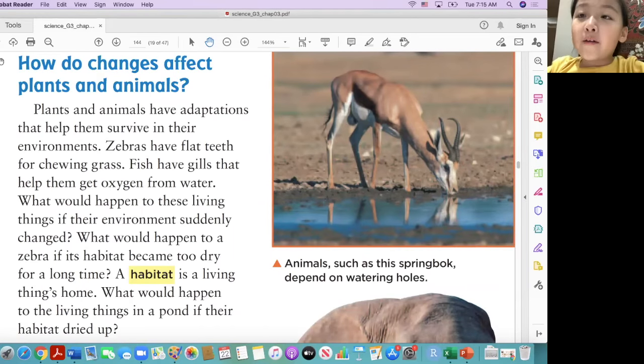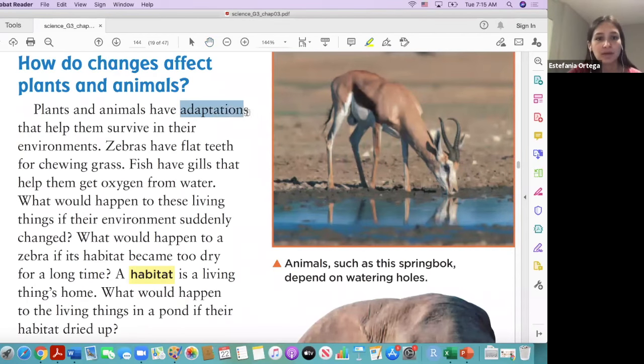Plants and animals have, so that word is pretty hard. Adaptations. What is that? Okay, adaptations, I'm going to highlight this. Plants and animals have adaptations that help them survive in their environment. So these are things that they have in their bodies or that they do, okay?